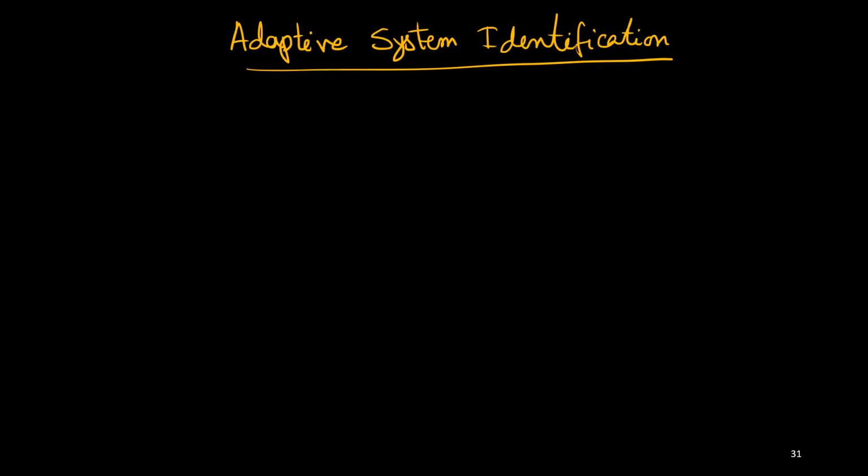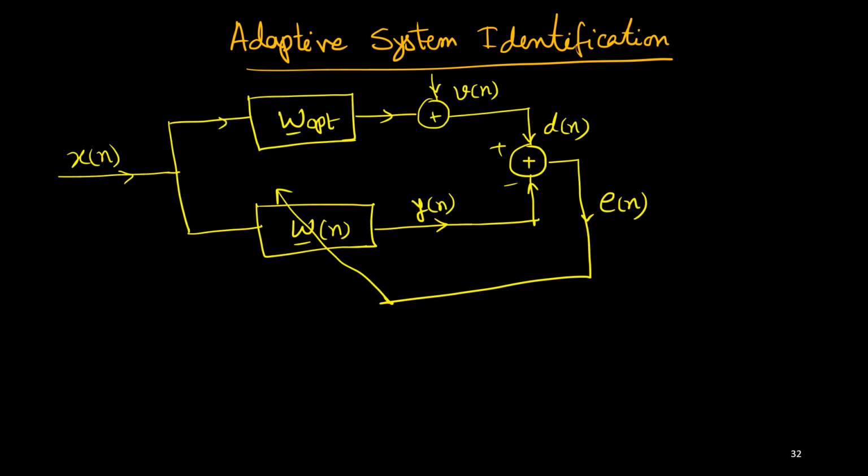Now, first I'll start with the adaptive system identification problem, because in this course we have introduced that concept, and from that we'll try to get motivation for this optimization technique, gradient descent algorithm. So let us see. This one is your unknown system coefficient W opt, and this is your additive noise Vn.